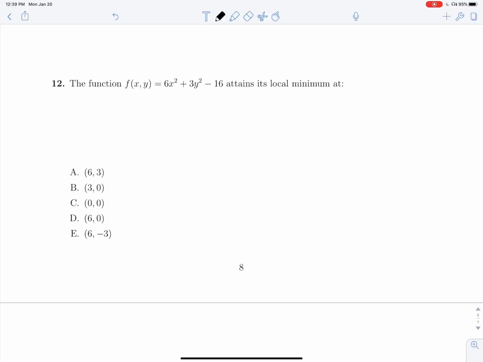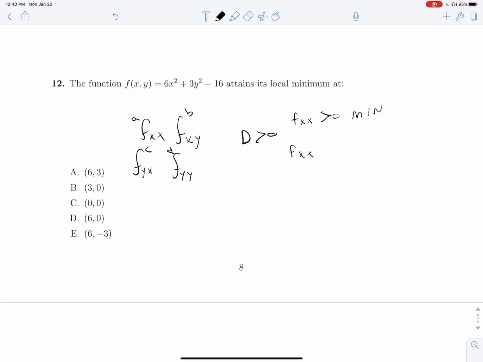Okay, question 12, we want a local minimum. Whenever we see these min-max problems come up, that means we're using the second derivative test. We're going to be using the matrix fxx, fxy, fyx, fyy. If the discriminant of this matrix, aka A times D minus B times C, is greater than 0, and if fxx is greater than 0, we have a local min.